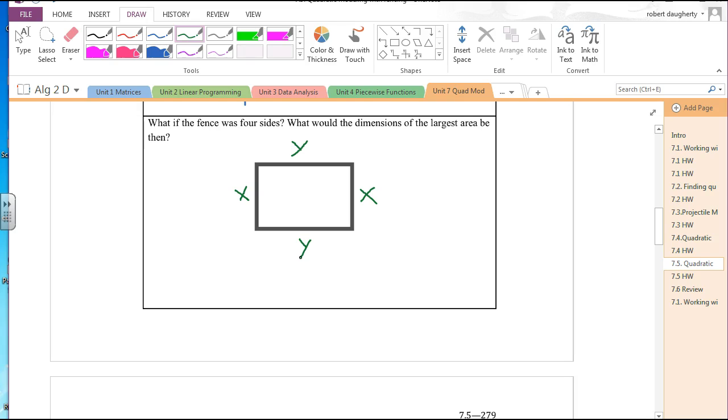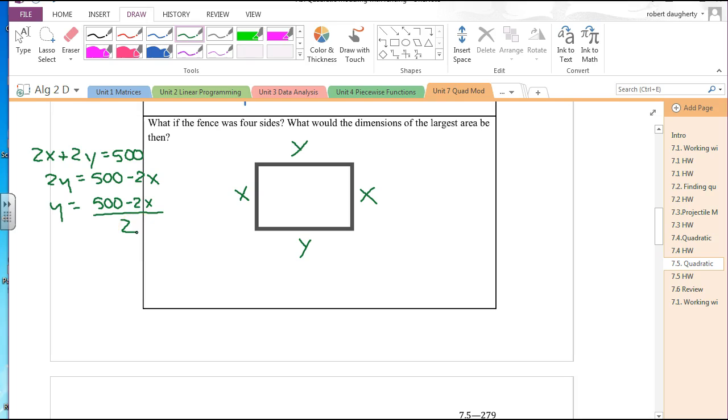What do I know about the perimeter of this rectangle? 2x plus 2y equal what? 500. That means that 2y is equal to 500 minus 2x. So y is equal to what? So 500 minus 2x over 2.